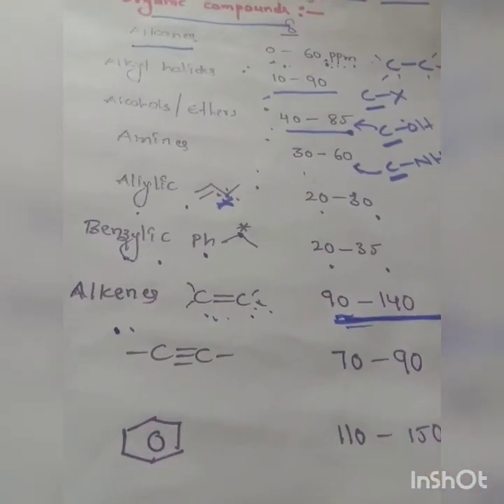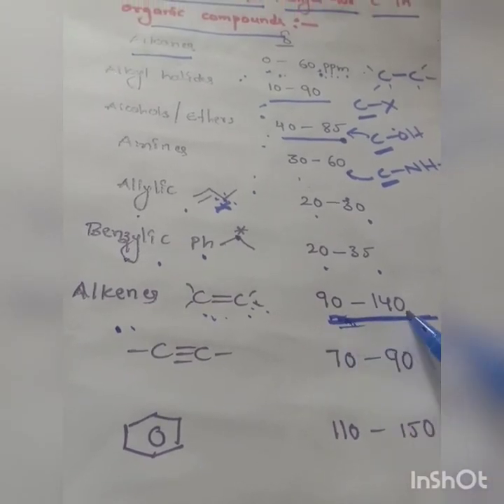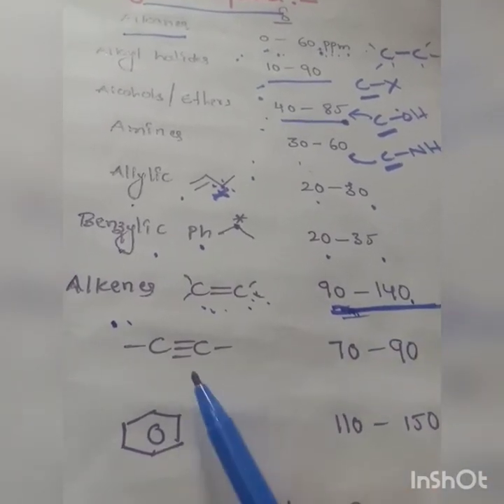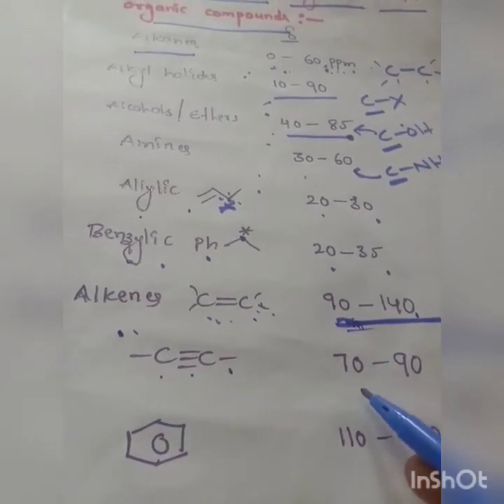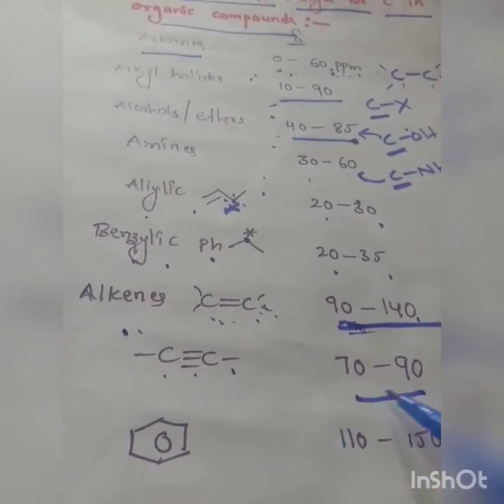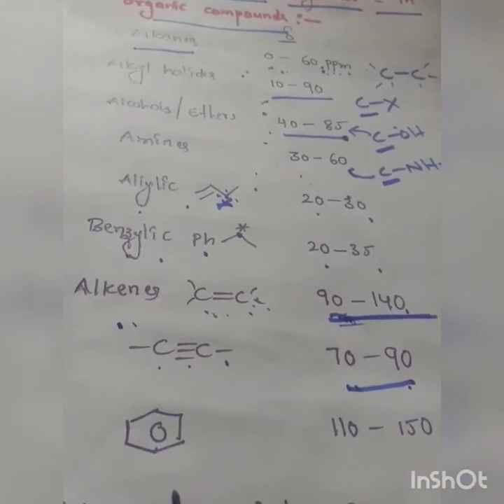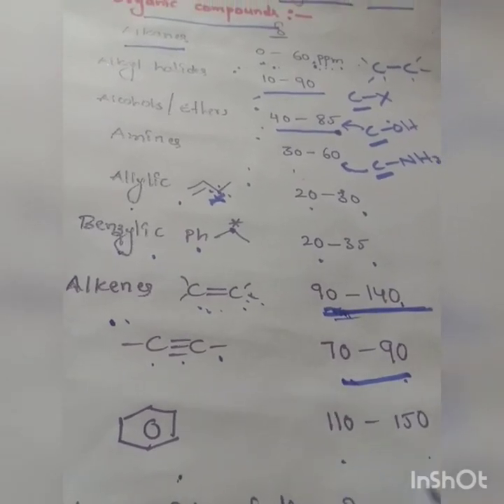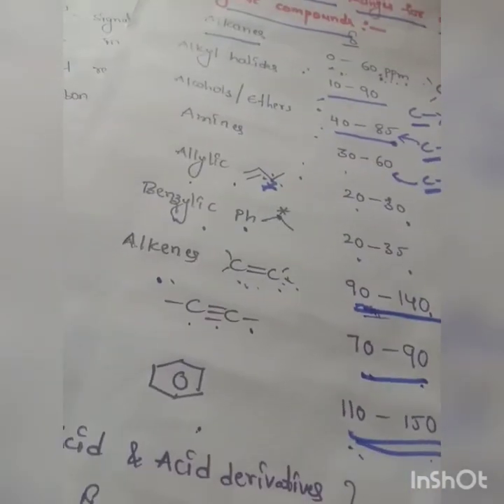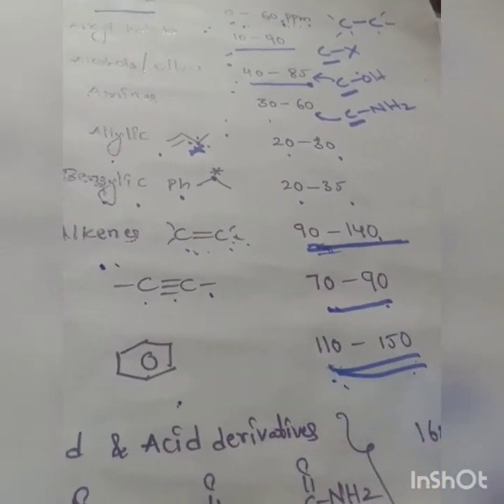And alkynes, C triple bond C, have a chemical shift value of 70 to 90. And aromatic benzene, 110 to 150, very, very important. The aromatic ring chemical shift value in C13 is 110 to 150.